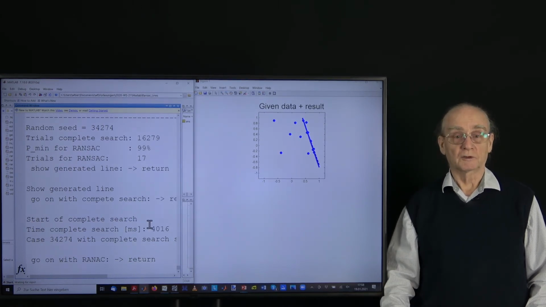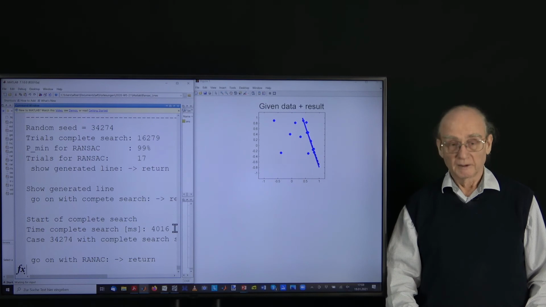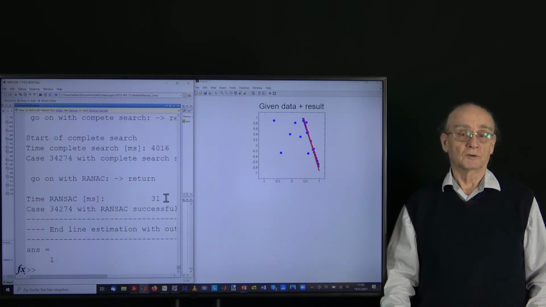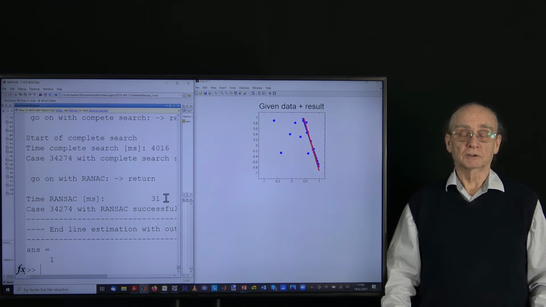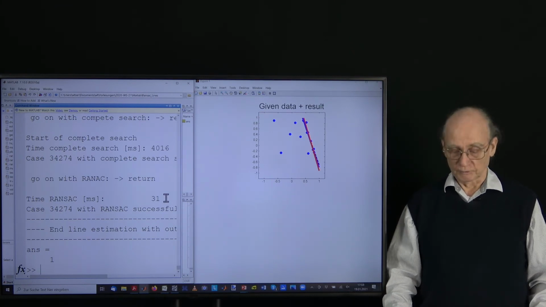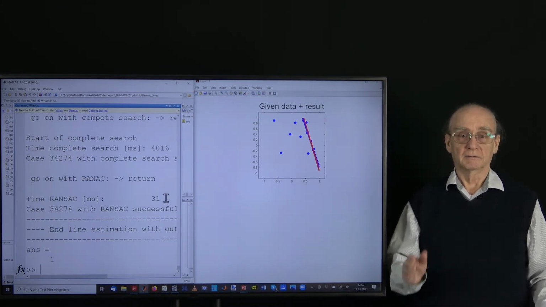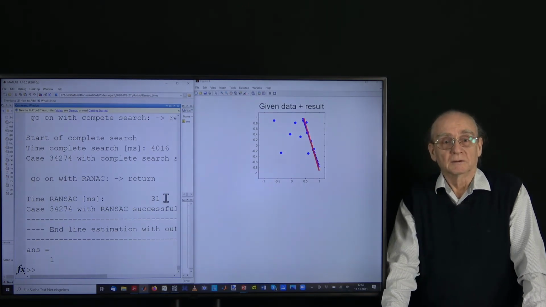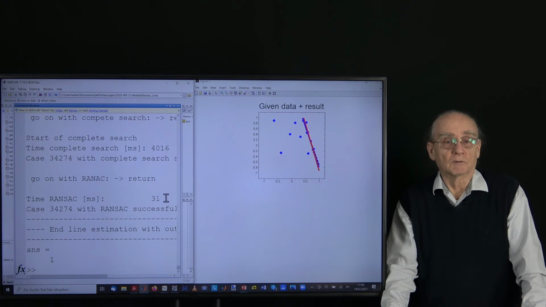Here you have the 4 seconds, 4,000 milliseconds. And RANSAC should still only need a few. So RANSAC significantly outperforms the complete search, so don't do complete search. I made a condition in the program that if the number of points is larger than 14, I don't initiate the complete search because it just takes too long.